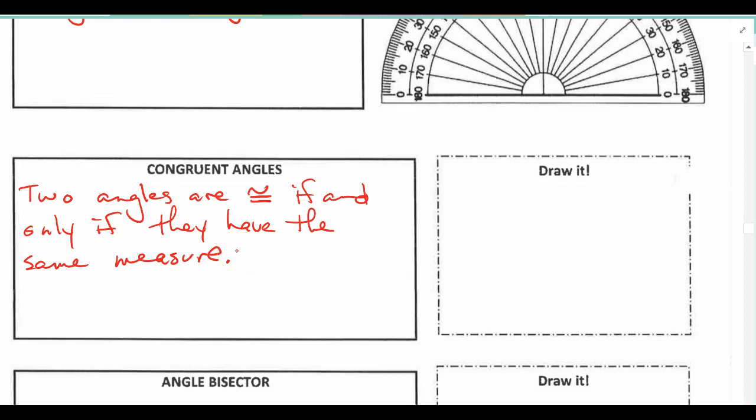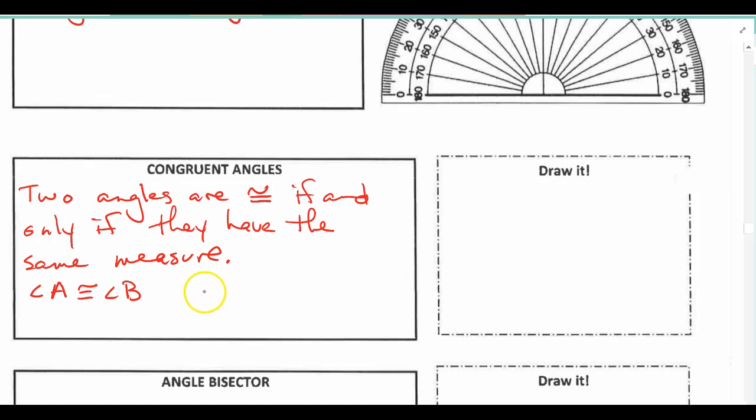So a couple different notations for congruent angles. I could say angle A is congruent to angle B. If I took one angle and placed it exactly on top of the other, they would match up perfectly. Sometimes we'll talk about the measures of the angles.